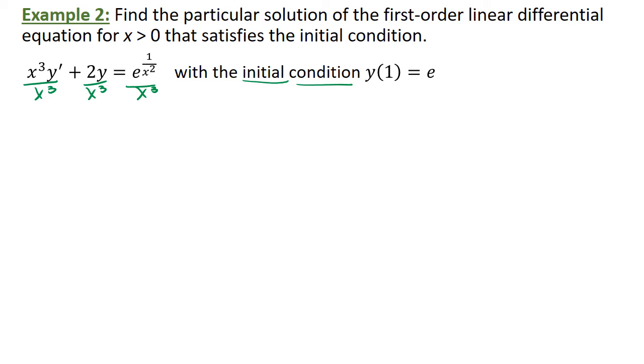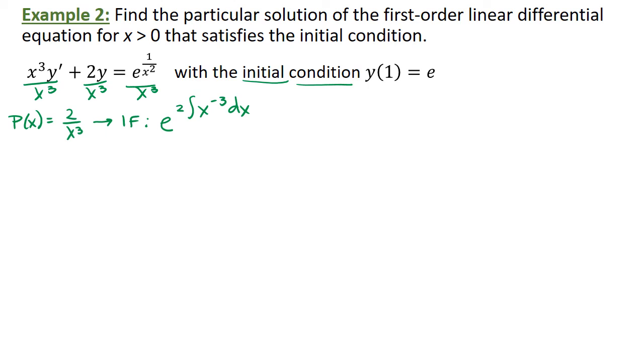If I look at this, p of x is 2/x cubed. So to find the integrating factor, I will have e to the power of 2 times the integral of x to the negative 3 dx. I hope you have followed what I did there. I just rewrote it so I could integrate a little more effectively.